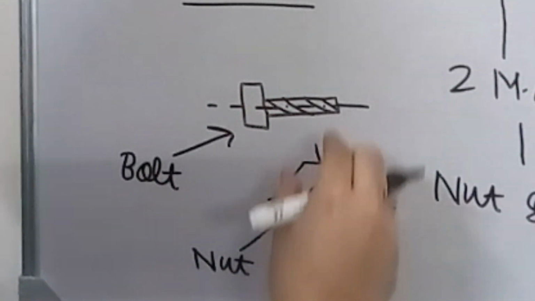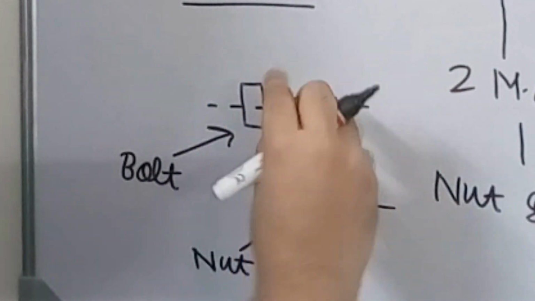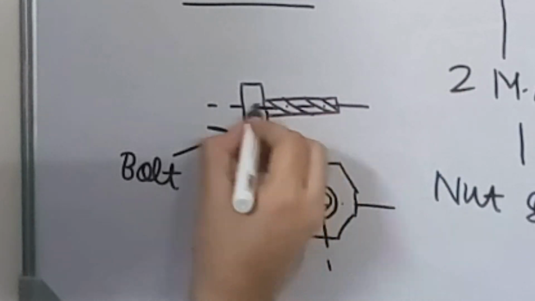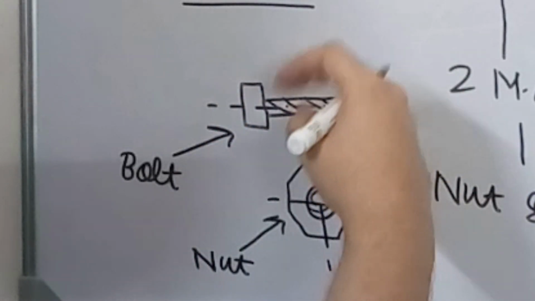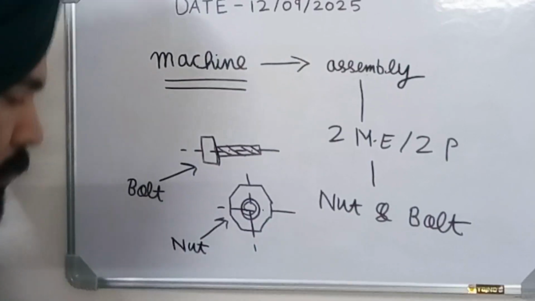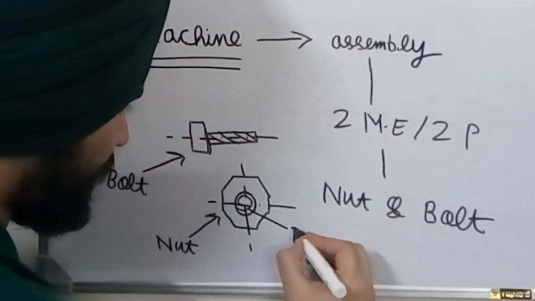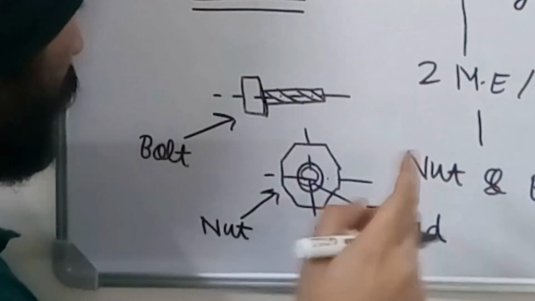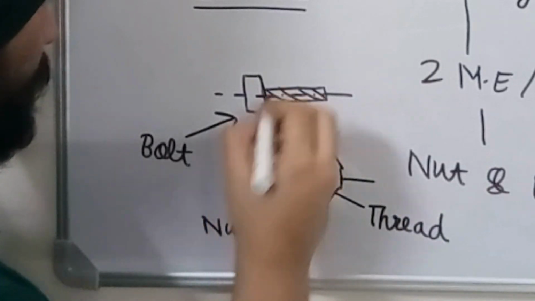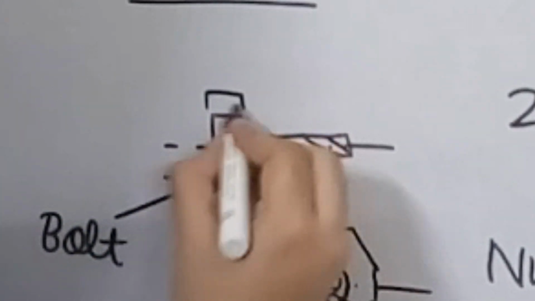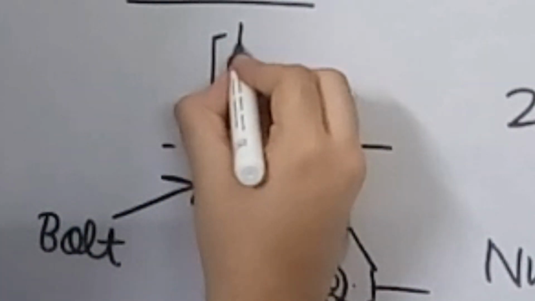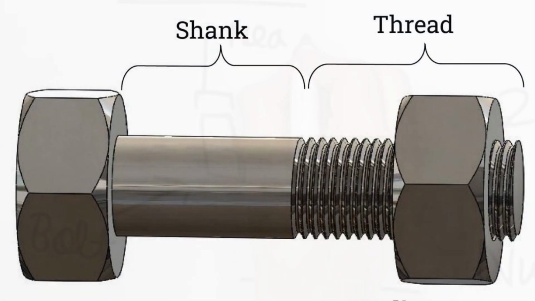So when we combine the nut with the bolt, we can see that the nut rotates around this axis on the bolt and it goes inside. So this particular portion of the bolt is called the head, and this portion of the bolt is called the shank.